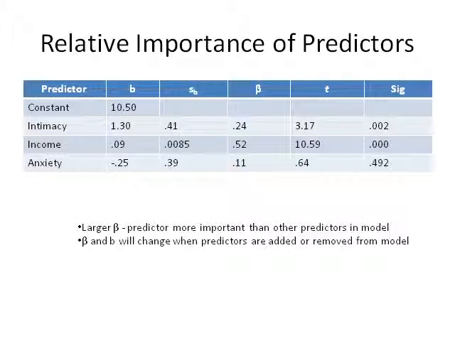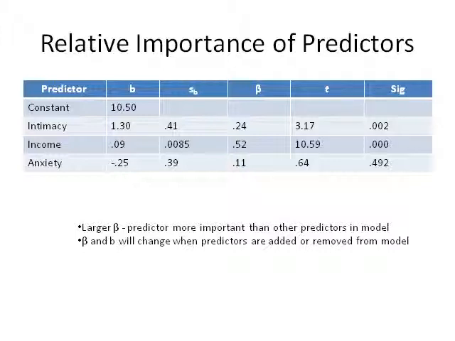In most cases, we will say that predictors with larger beta tend to make a greater contribution to the unique prediction of the criterion relative to other predictors in the model. Thus, even though the B for income is smaller than the B for anxiety, because the beta for income is larger than anxiety, we know it has a greater impact on predicting someone's score on life satisfaction than will anxiety.